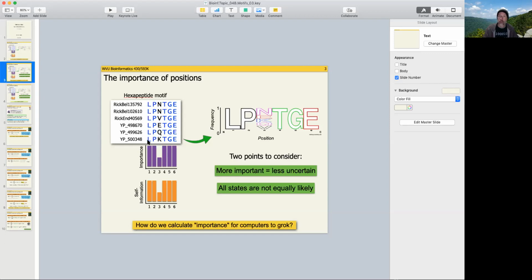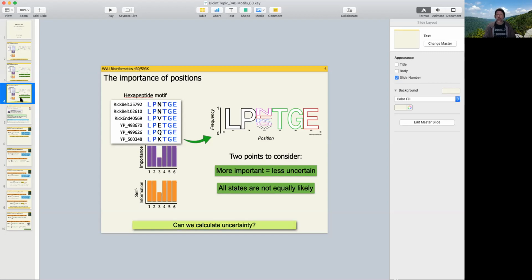Not 100%, but certainly very high certainty. Whereas at position 3, you would be less certain about what to say if someone asked you that question. And then another point to consider, which we'll come back to at the end of this lecture series, is that all states are not equally likely. We'll explain that a little more.